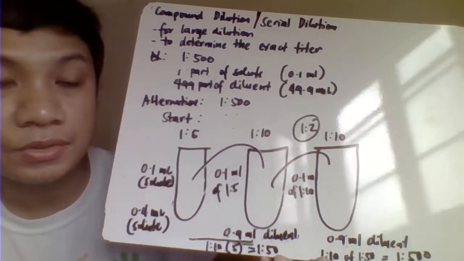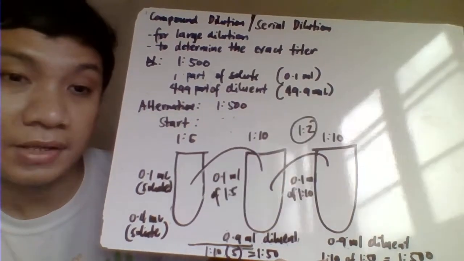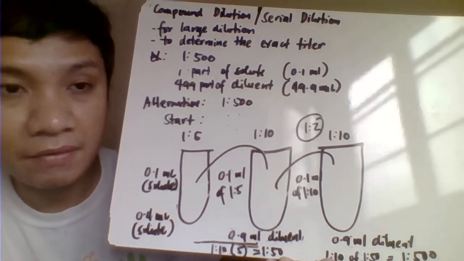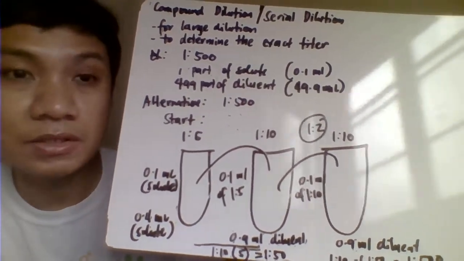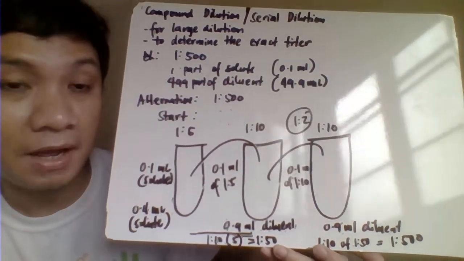Because you tend to dilute it several times, diba, until you reach the highest dilution that shows the positive reaction, becoming your titer.